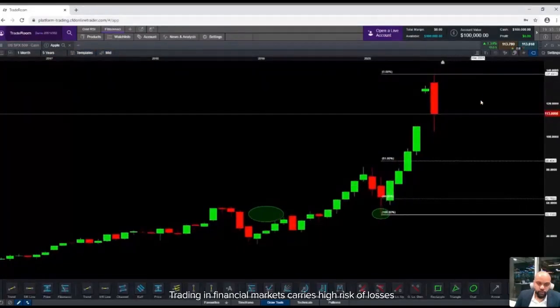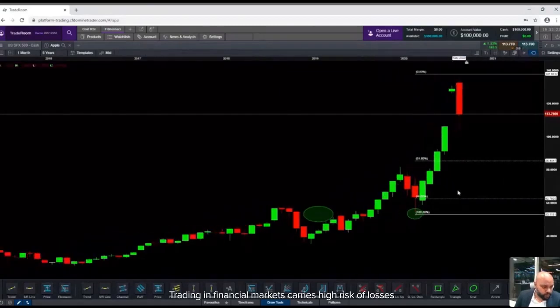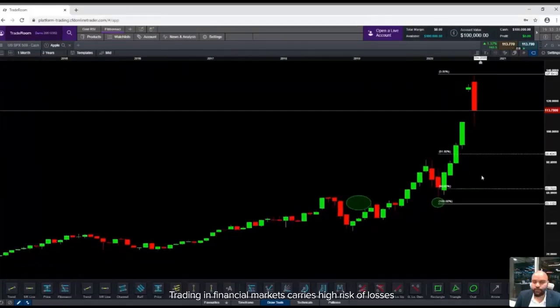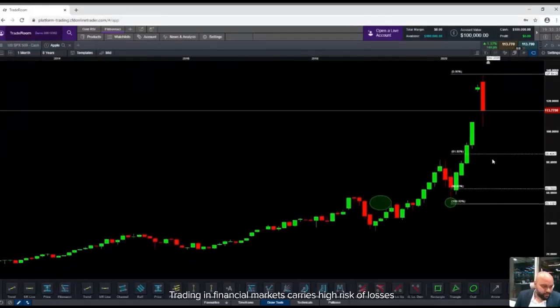So anyone who has not yet bought into Apple could wait for 61.8 again before you enter. So 61.8 basically gives you a good level to enter, instead of trying to buy Apple right at the peak.